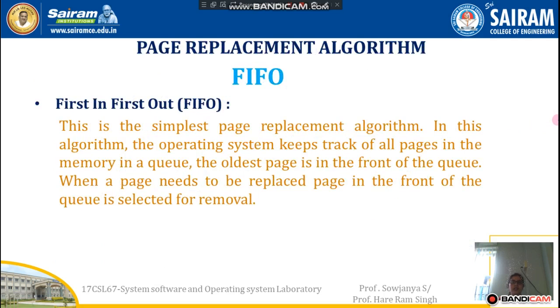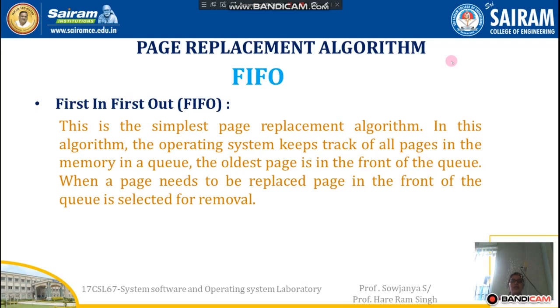Now let us discuss one by one. First let us discuss what FIFO is and how we can do FIFO. First in first out page replacement algorithm: how we can implement it using first in first out. We say first in first out is the simplest page replacement algorithm.